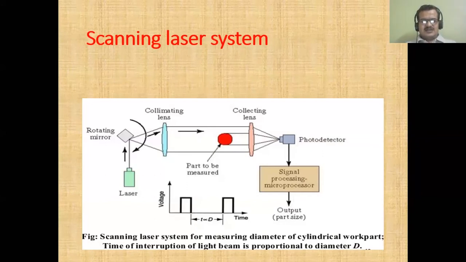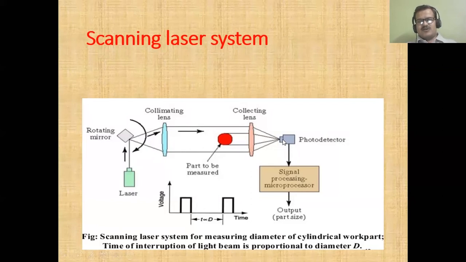Now let us see here. You can see a laser emitting the light. Here the rotating mirror is deflecting those light rays, and they go parallel. This is the collecting lens.